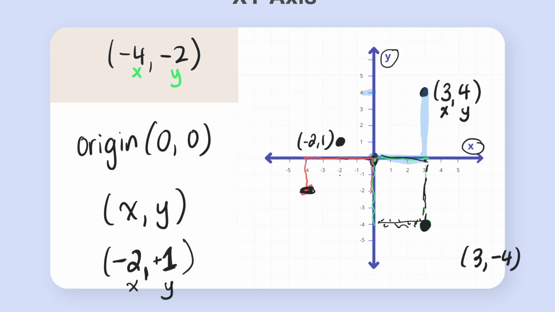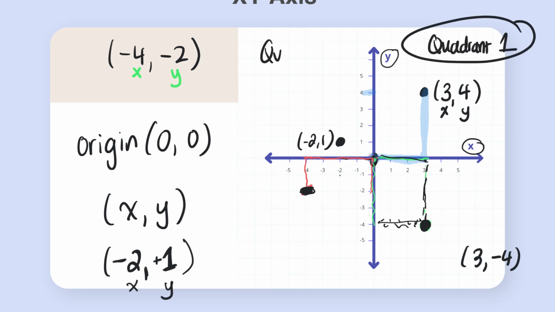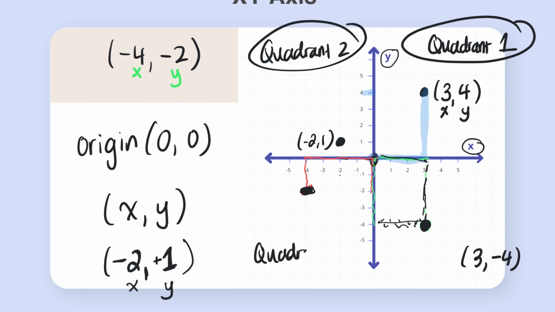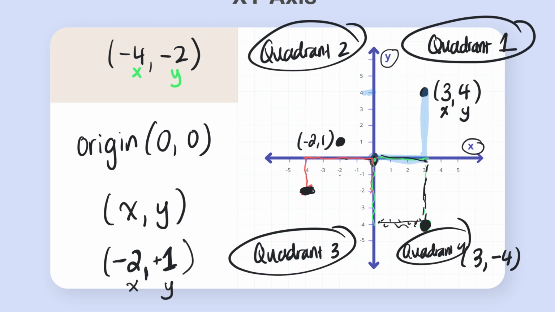So we've plotted points in each of what are called quadrants, okay? In our coordinate grid, this is called quadrant 1. This is called quadrant 2. This is called quadrant 3, and this is called quadrant 4. Do you notice anything about all the points that would be located in quadrant 1?